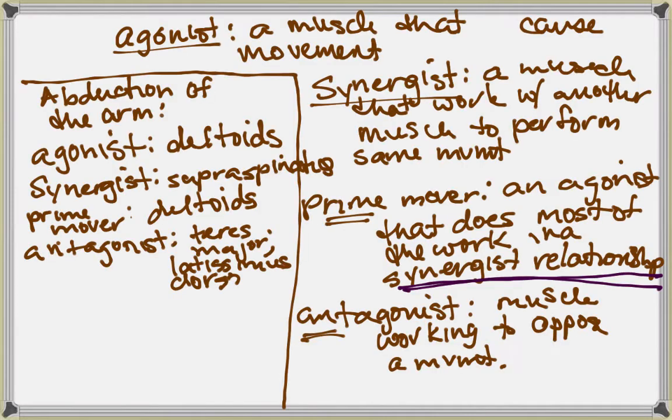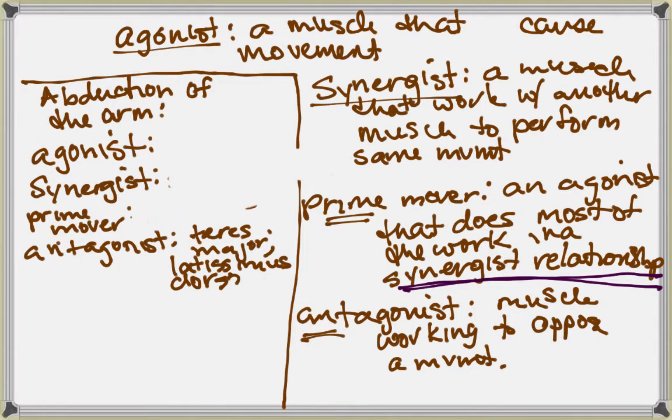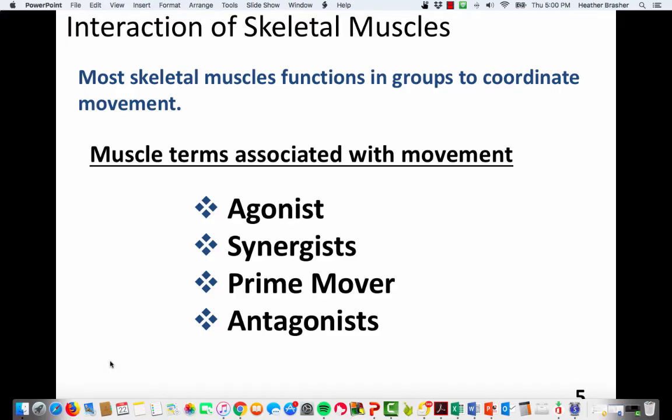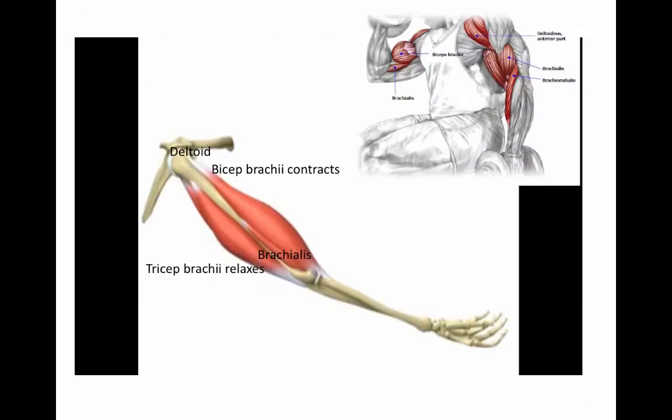Now, let's do one more example. Actually, we're going to get out of this. And let's talk about a bicep curl, because these are ones that we like, and it's some of the easiest to look at, right?